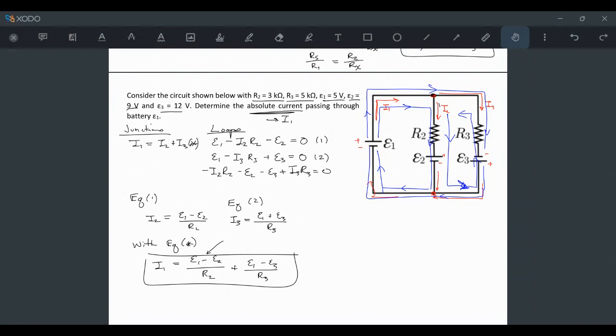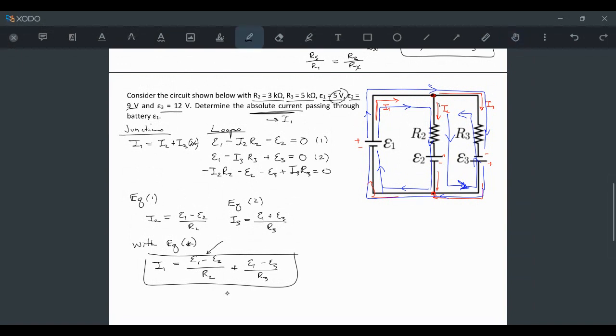Looking at this loop in isolation, the battery epsilon 2 provides a current, because current comes out of the positive terminal, that fights with epsilon 1. Whichever one has a bigger potential difference is going to win.